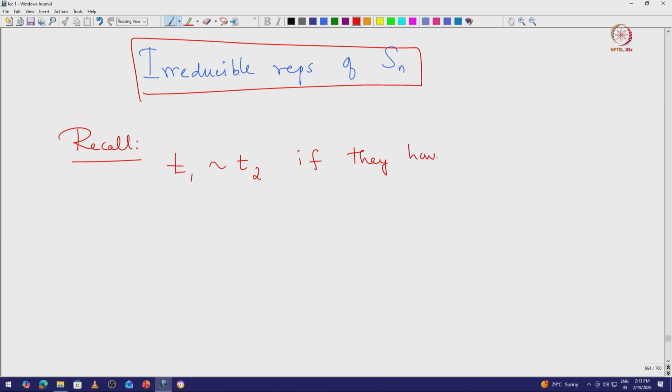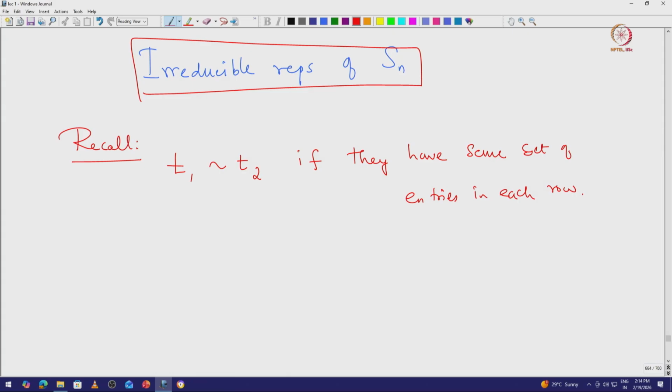This is an equivalence relation that is easy to verify.